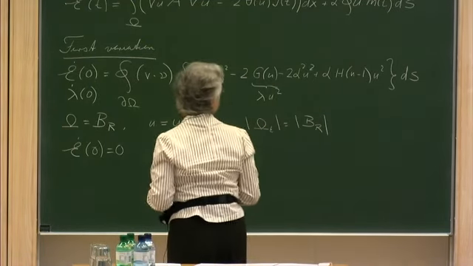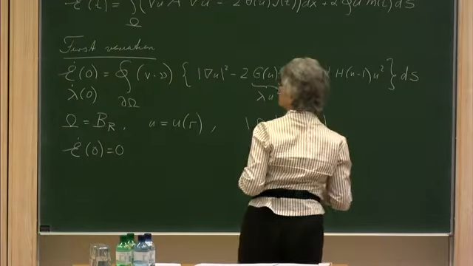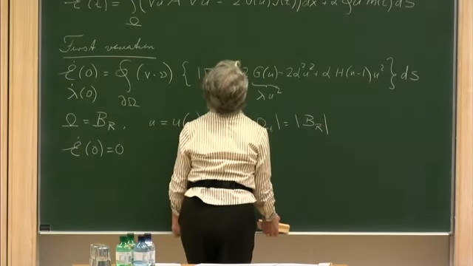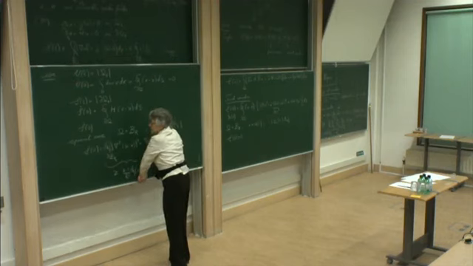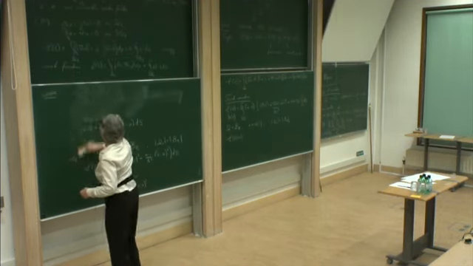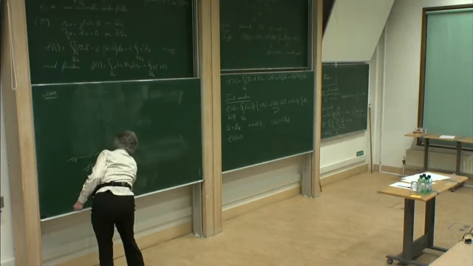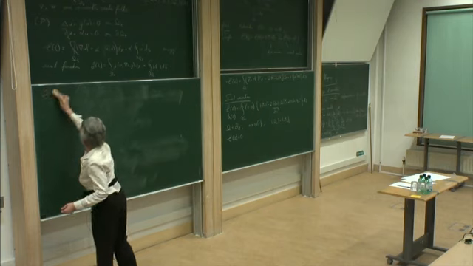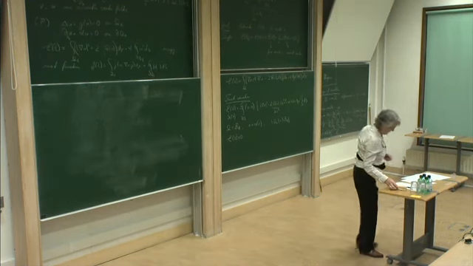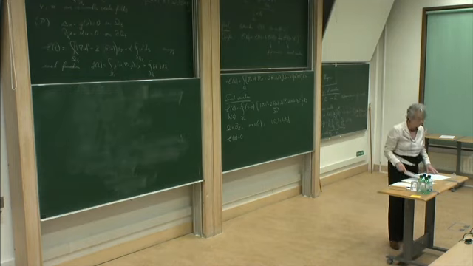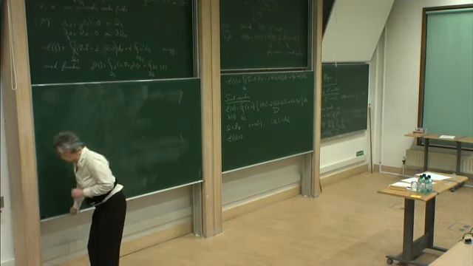Now the second variation. Some words on the second variation, which is a lot of computation, and the difficulty is to put it in a form where some information can be deduced.